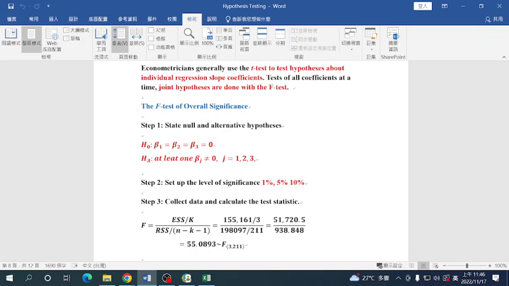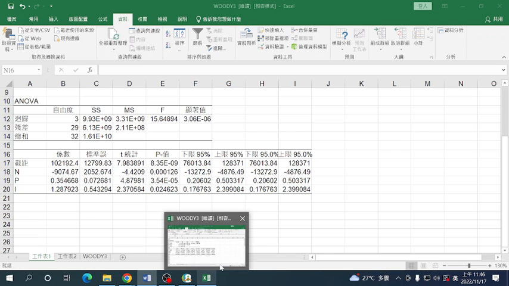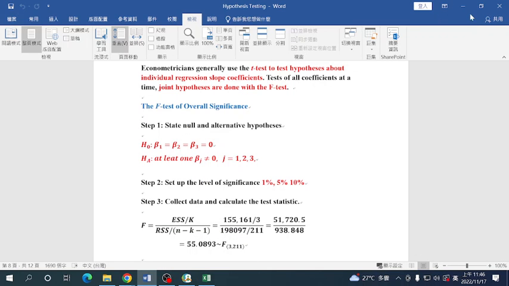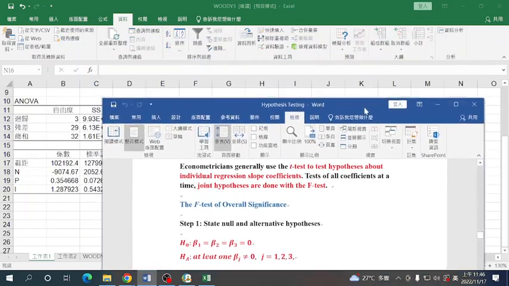You are not able to see all these numbers from eViews, but you are able to see them from Excel. So let me show you the Excel.